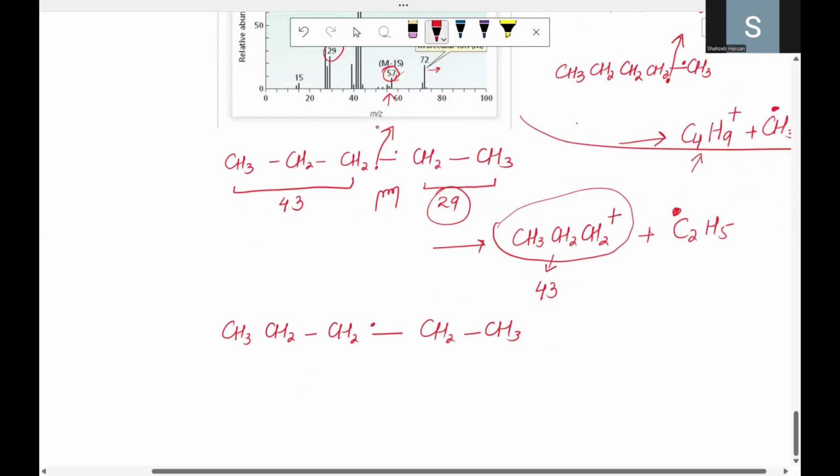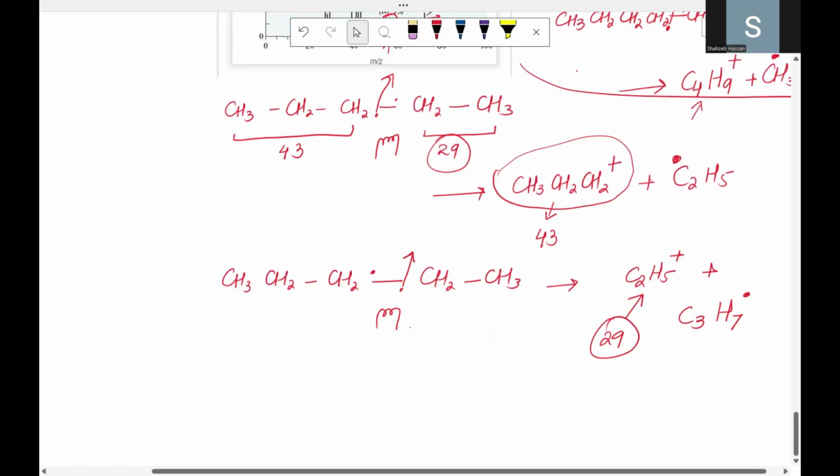If the electron is removed, then what is going to happen? It would create C2H5 positive plus C3H7 radical. So the molecular mass of this one is 29. So it is going to form something like this.